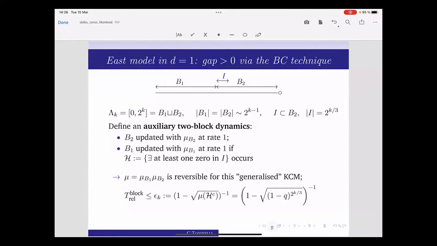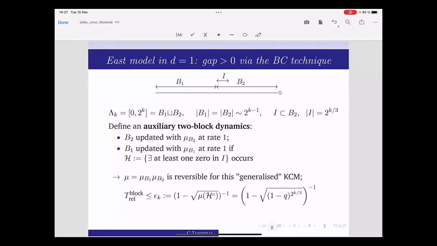You simply have to write the 2 by 2 matrix, and you will discover that the inverse of the spectral gap for this dynamics is proportional to 1 minus the square root of the probability of the complementary of the event which allows me to update block B1.